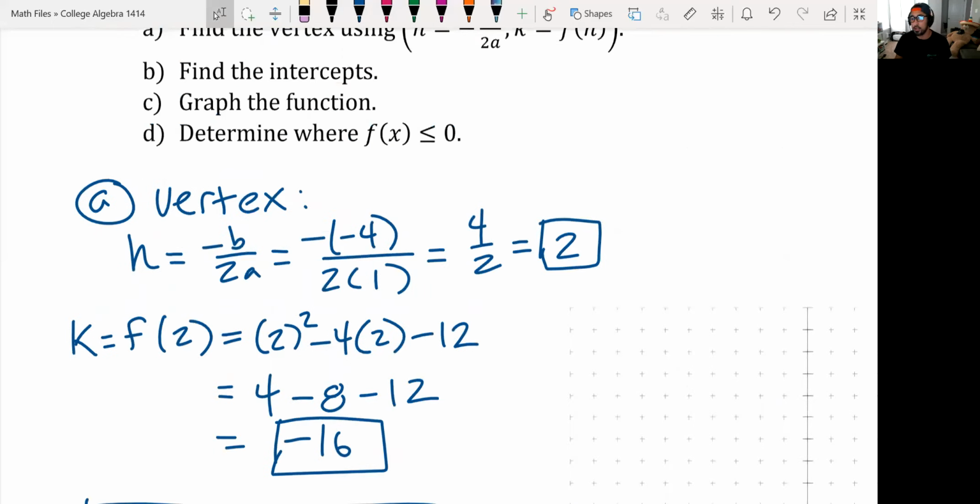So set the function equal to 0, solve for x, factor out an x, and solve for x. You have these two terms, so you get x equals 0 and x equals 4.